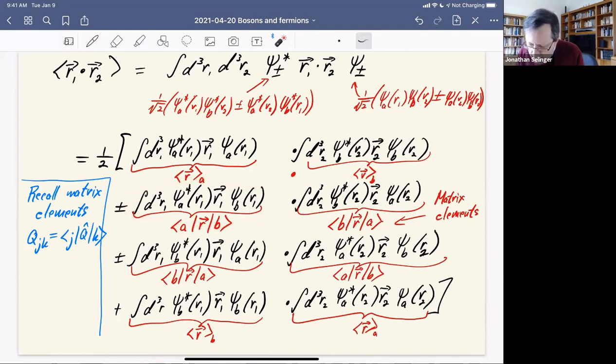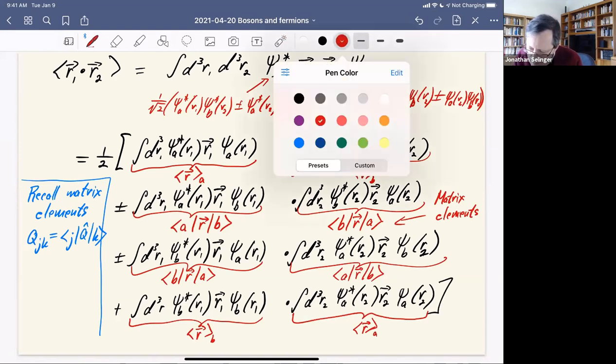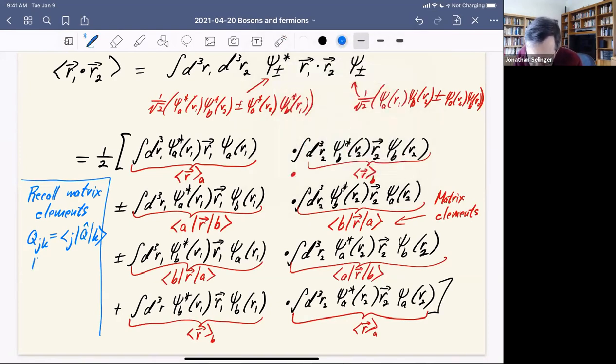And you also remember that because Q is a Hermitian operator, it is equal to the complex conjugate transpose. That Q J K is equal to Q K J complex conjugate.